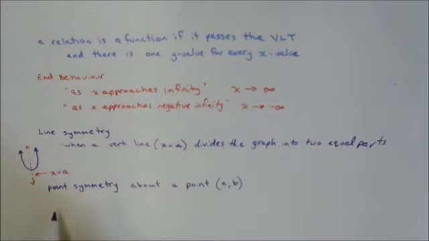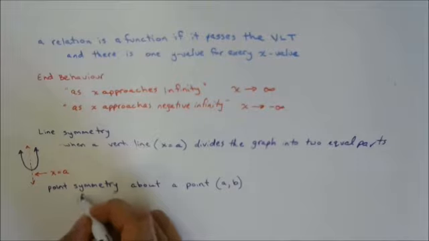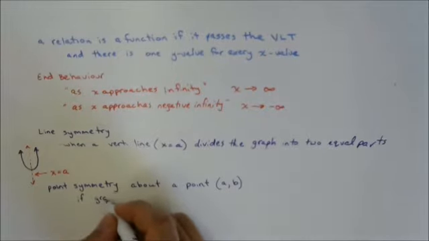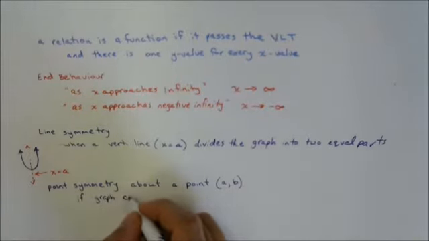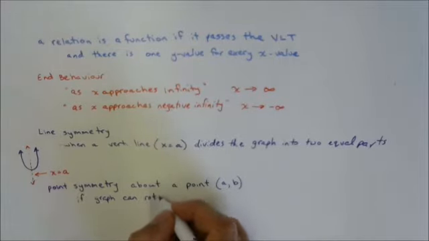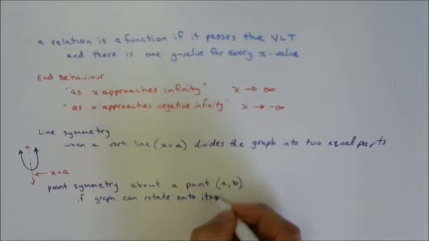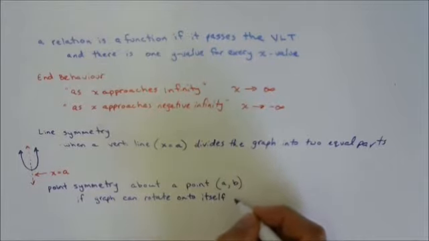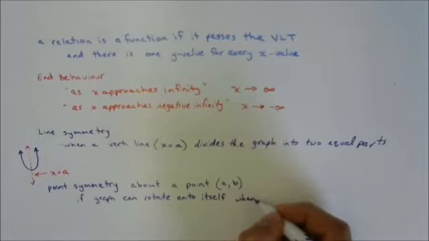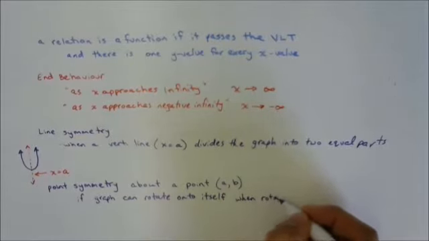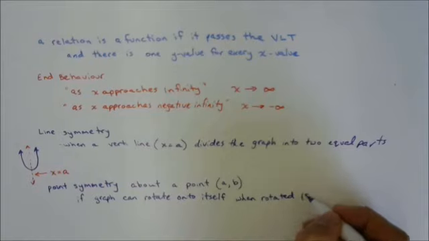So point symmetry about a point AB if the graph can rotate onto itself when rotated 180 degrees.